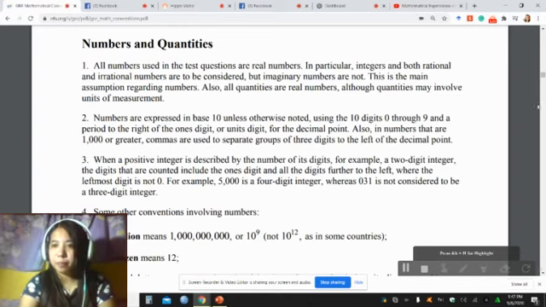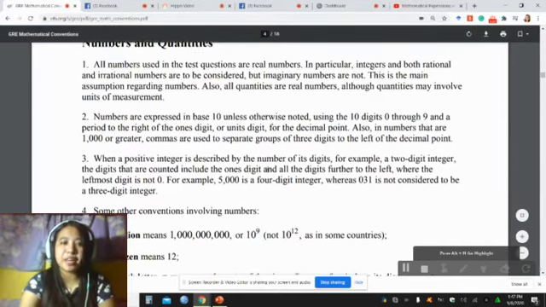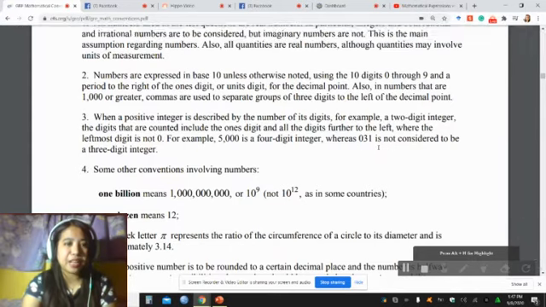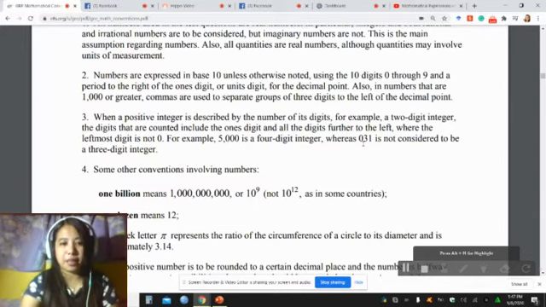In determining the number of digits, like 5,000, we know that this is a 4-digit integer. But if it is 031, we also know that this is not considered a 3-digit number. It is only 2. We disregard 0 because that is the convention in mathematics.